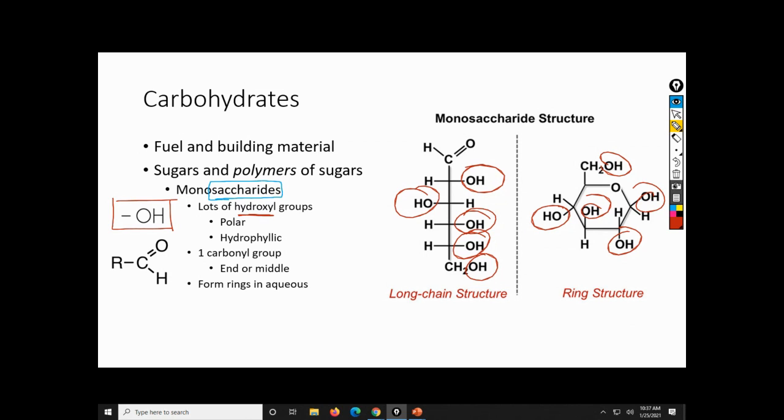As we're going to find in general, oxygen, which is the core component of these hydroxyl groups, is a really important element. So hydroxyls are very important compounds. The key is that hydroxyl groups, or oxygens, anything with a lot of oxygen, is what's called polar.